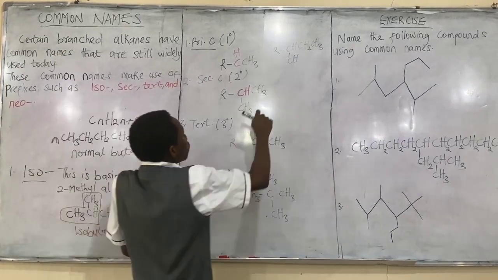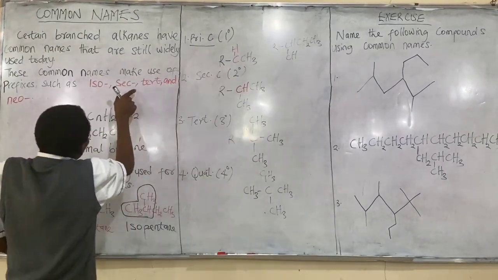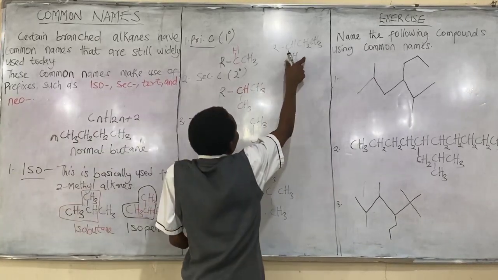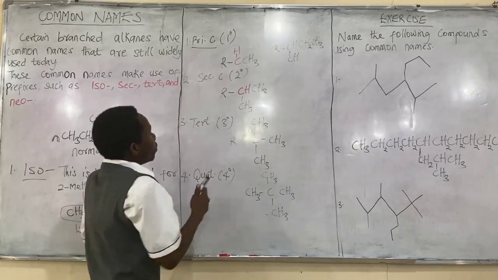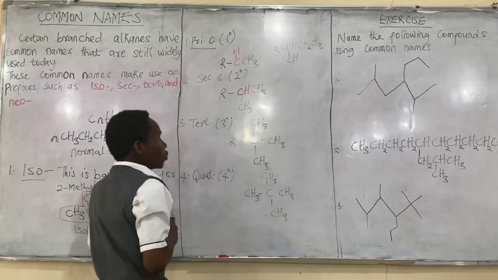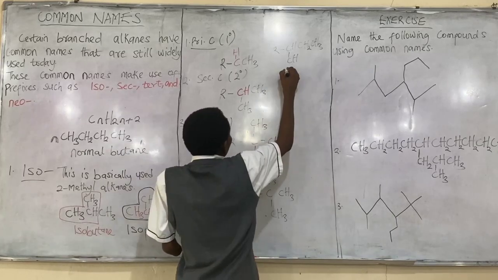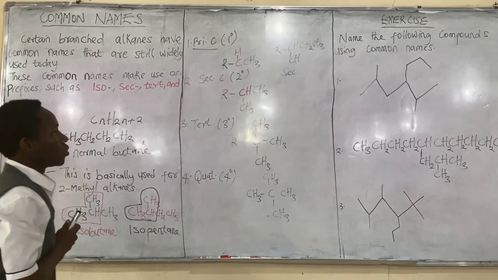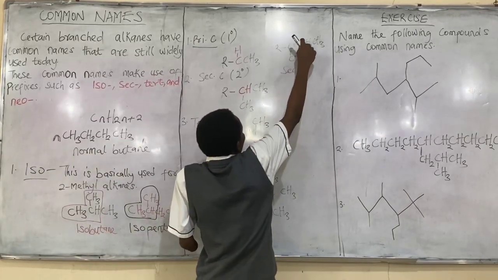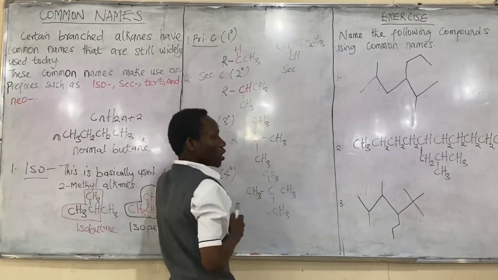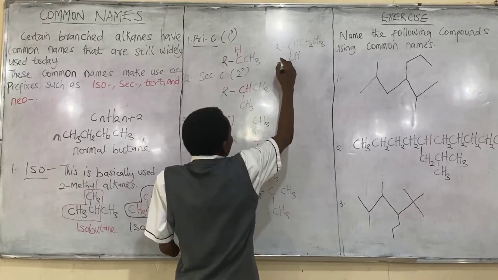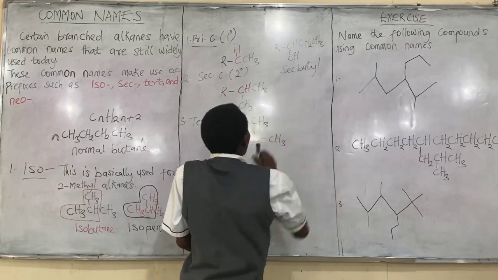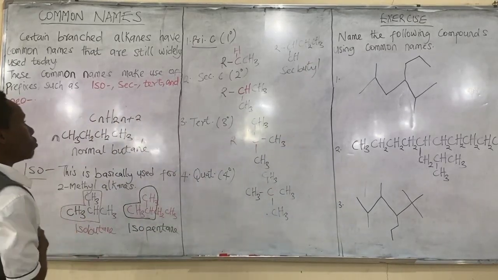Therefore, if we are using the common name method to name this, this is sec because it is a secondary carbon. We'll do it as sec, and then we count the number of carbons: 1, 2, 3, 4. And 4 stands for butane. So because of the substituent here, it will be called butyl. Sec butyl.